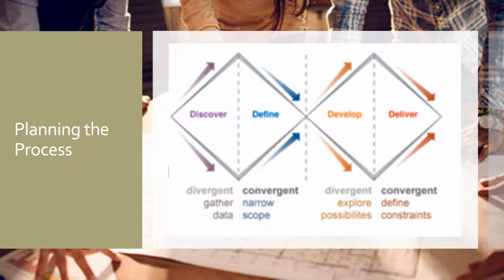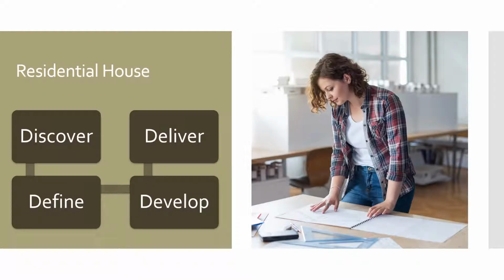It's discovering, trying to find as much information and data as you can, and then bringing that back down, defining the limits of how a house is going to work, bringing it to a more narrow scope, and then you branch out and develop and try to find all your possibilities and develop the best outcomes, and then at the end delivering to the client's need. And this is for a residential house, this presentation.